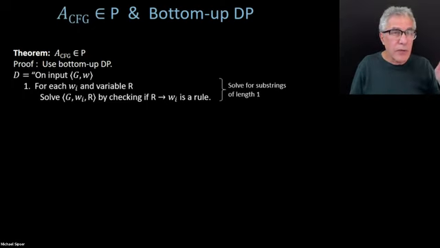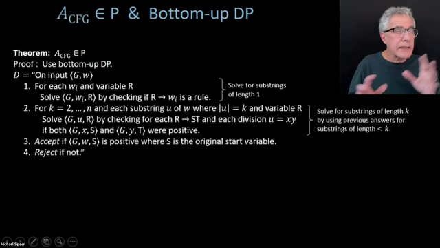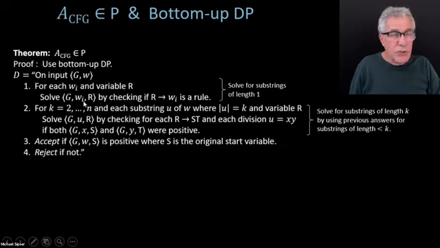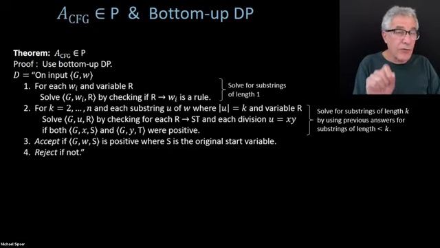It's here on the slide. Basically, you solve the subproblems where the strings start with length 1, and then from that you build up to subproblems where the substrings are of length 2, and then 3, and so on. Each of those only relies on the smaller previously solved subproblems.